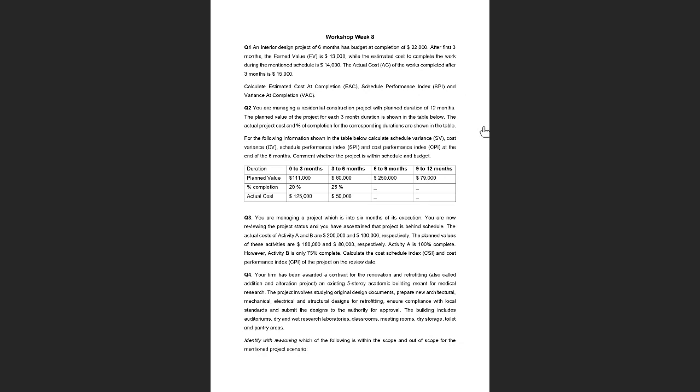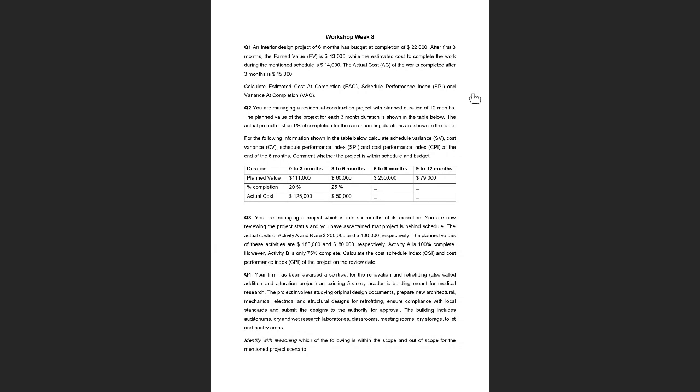This query actually came up in yesterday's workshop session. In order to find estimated cost at completion, you first have to find the... okay, let me just show the solution for everyone to have a look.